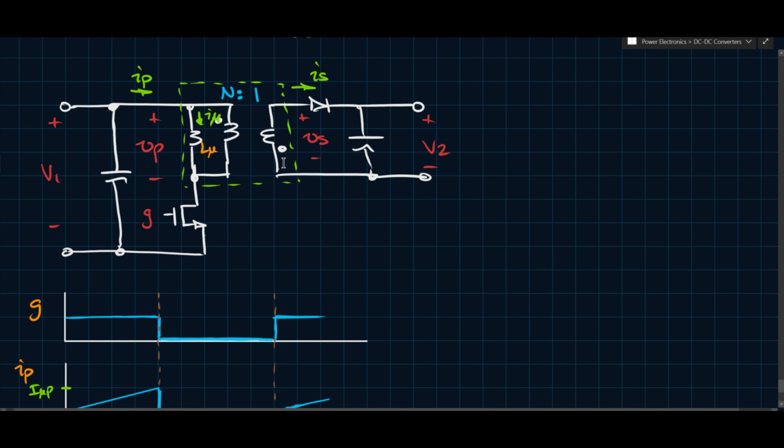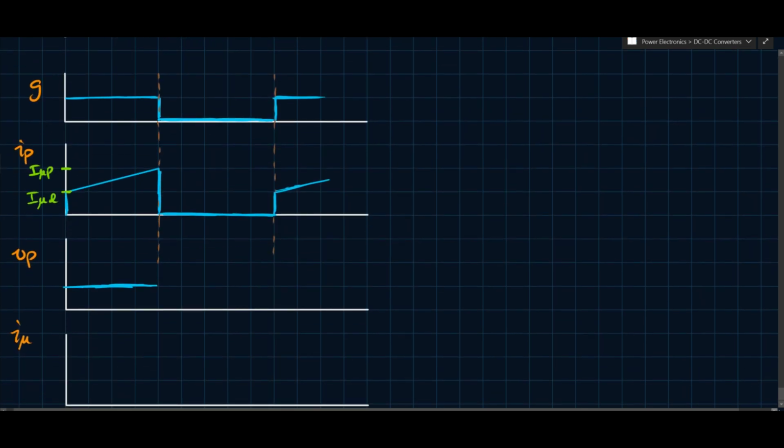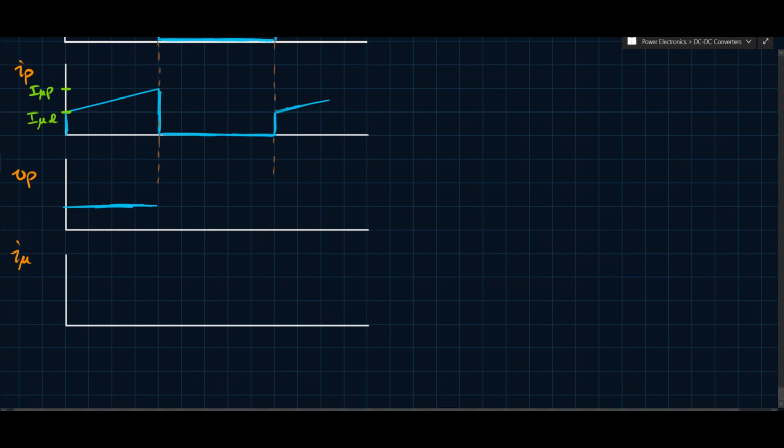So what that means is you also have this turns ratio of N. So during the time that the transistor is off, the diode turns on, and the diode turning on ends up creating a voltage across the transformer, and that ends up being a negative voltage.